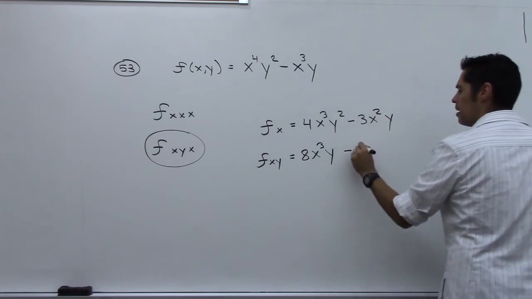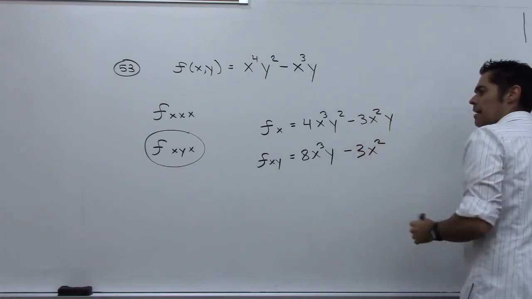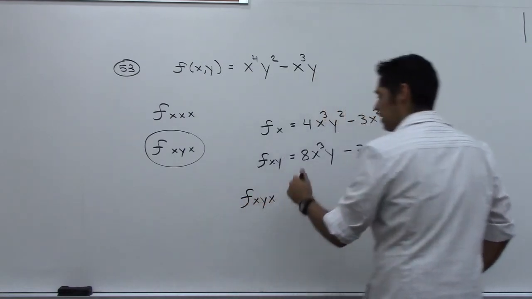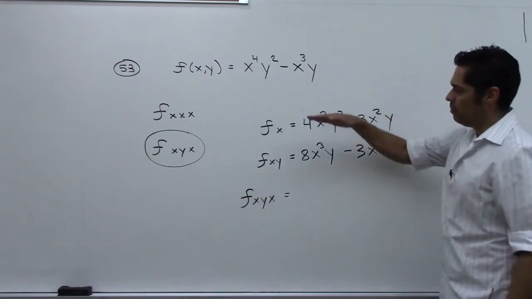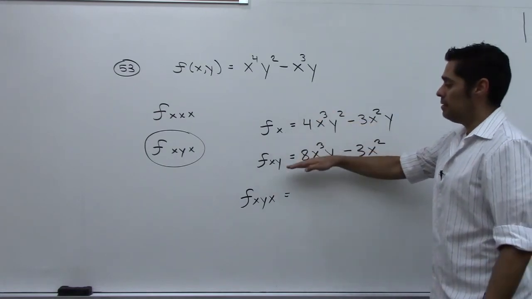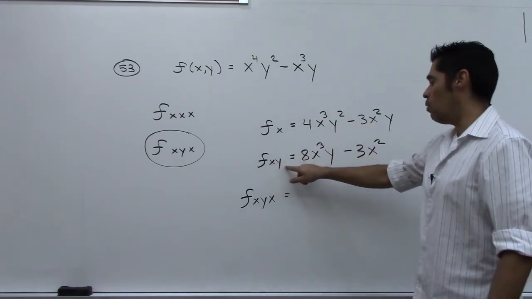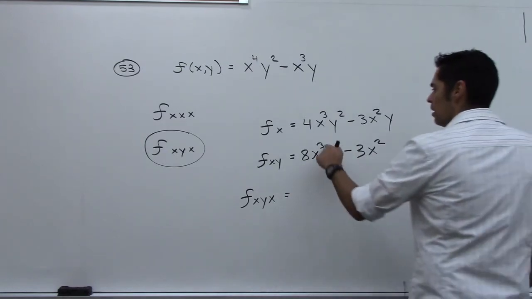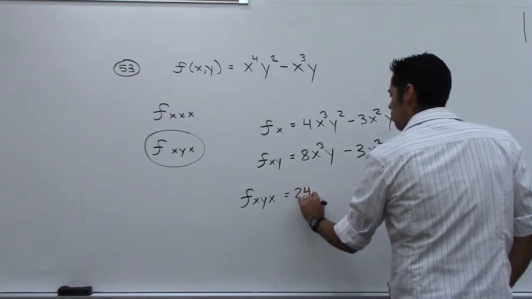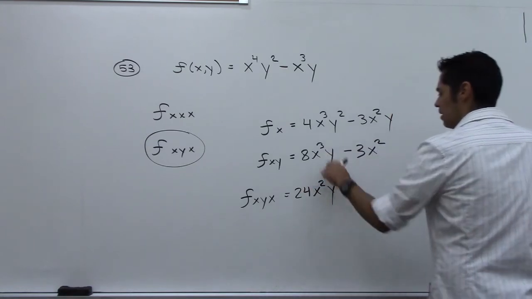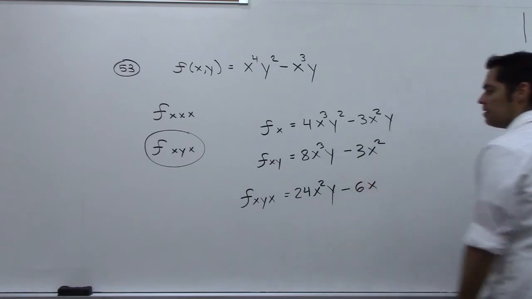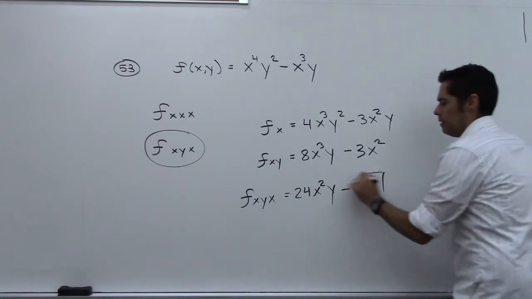Derivative of y is 1, so we just get negative 3x squared. And now if I do the partial with respect to x again, so we did the partial with respect to x, then with respect to y, that is this one. And now we're going to come in and do that answer with respect to x. So 3 comes out, we get 24x squared y, because y is a constant. And then derivative of this with respect to x is negative 6x. So this is it right here.